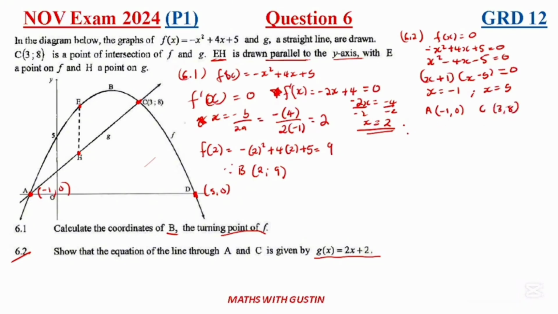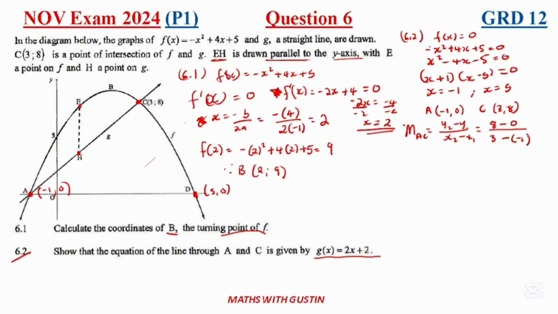Analytical geometry now comes in here. You can now use the gradient of AC is equal to y2 minus y1 over x2 minus x1. Okay, then we're going to substitute this here. y2 is going to be 8 minus y1, which is 0, over x2, which is 3, minus negative 1.